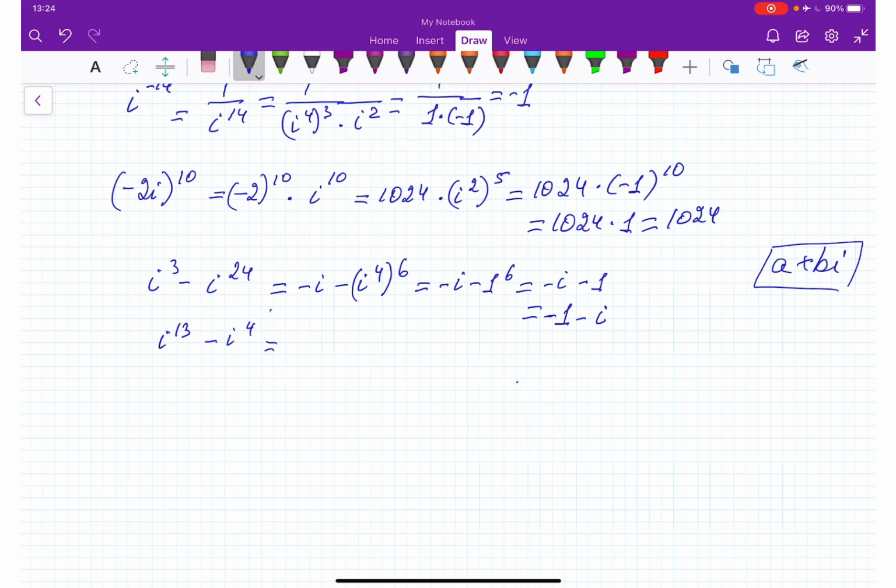Okay, so i to the power 13, I'm going to break down as 12 and 1 degrees. For degree 12, I'm writing i to the power 4 to the power 3, and then times i, yes?